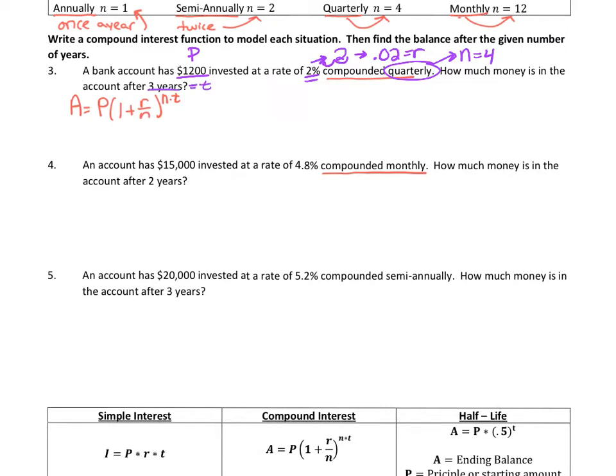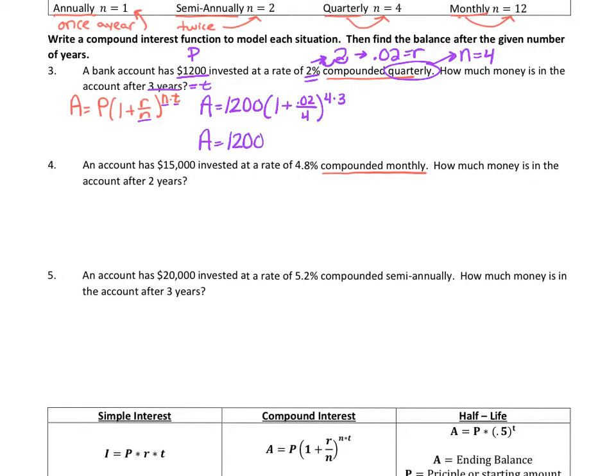So let's put all these parts into the formula. So A equals 1,200 times (1 plus 0.02 over 4). And I have 4 times 3 because my N is 4, so that goes in 2 different times actually. And my T was 3. So I'm going to simplify this first before I type in my calculator.